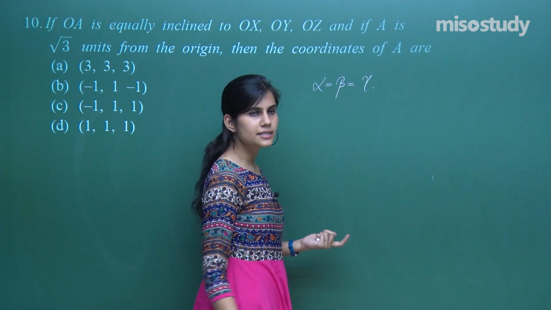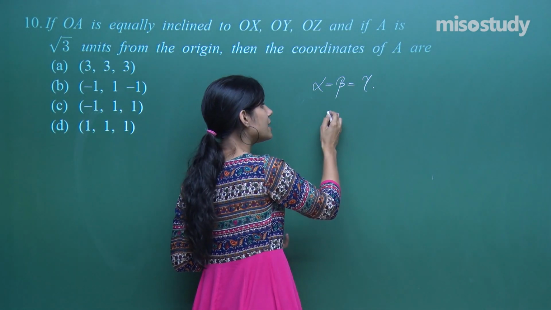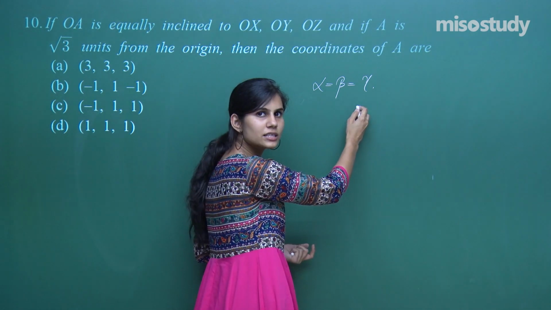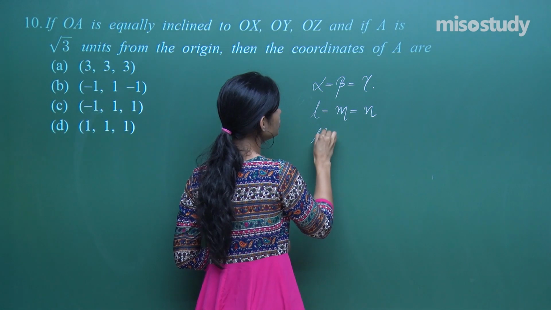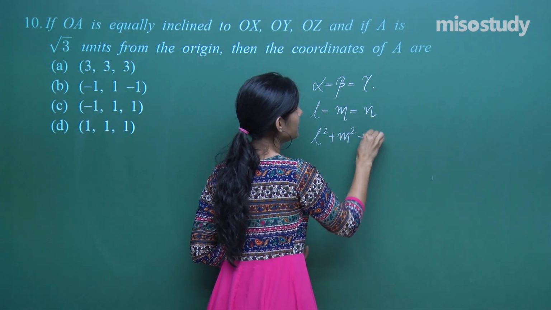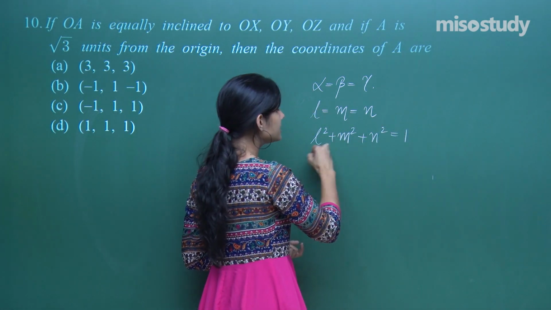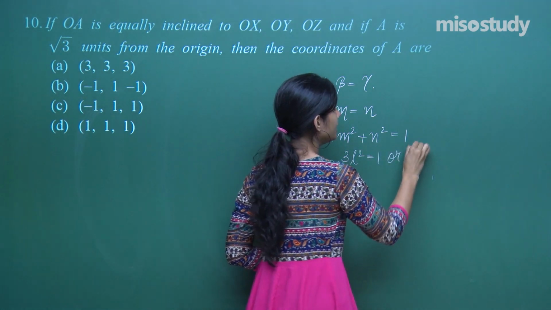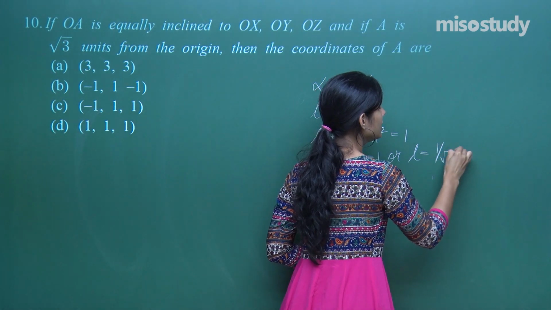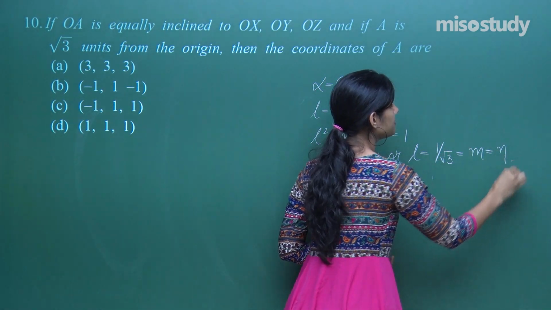So l is cos alpha, m is cos beta and n is cos gamma. So that means l is equal to m is equal to n. I just told you l square plus m square plus n square is 1, but l is the same as m is the same as n, so I get 3 times l square is 1, or l is 1 by root 3. Same is m and same is n.